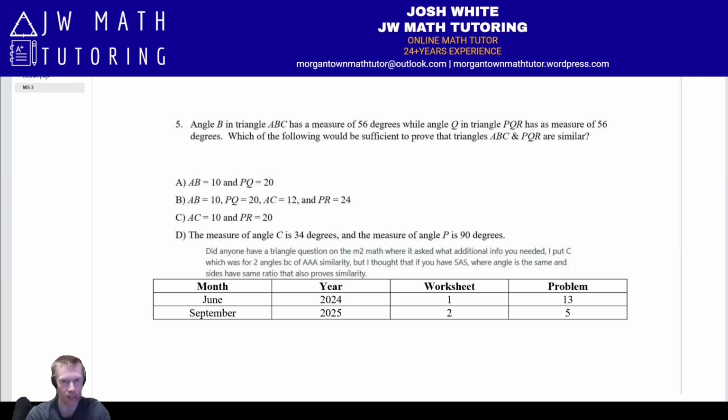I don't know exactly how the problem was set up, so there could be minor differences between the problem you see on the screen here and maybe the problem you had on the March 2026 test. But it's the general idea of, here's some information about two triangles. Which of these answer choices is sufficient to prove that they are similar, by the various methods that you can use.